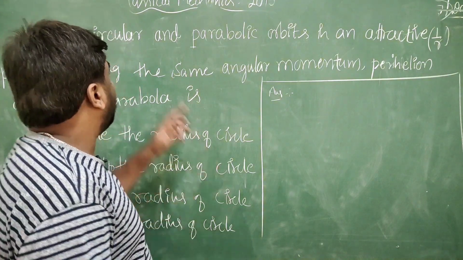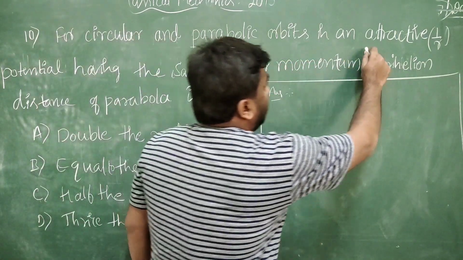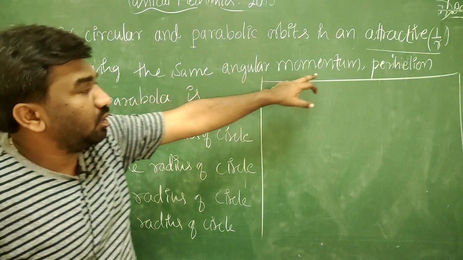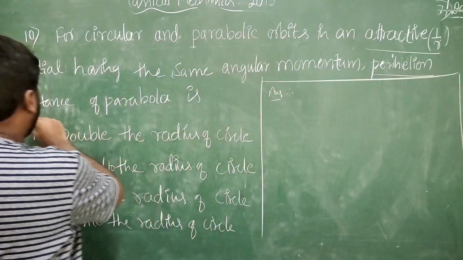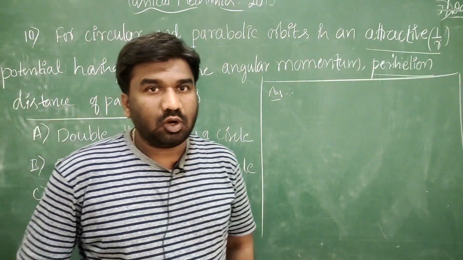For circular and parabolic orbits in an attractive 1 by r potential having the same angular momentum, the perihelion distance of the parabola is what?